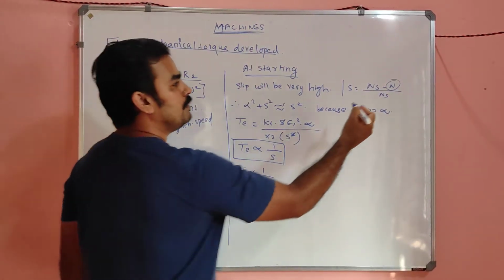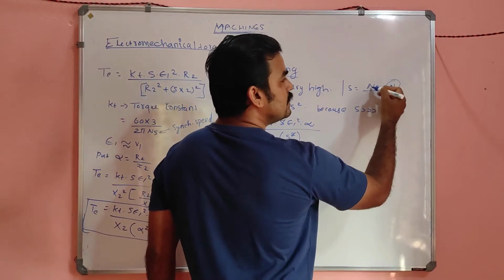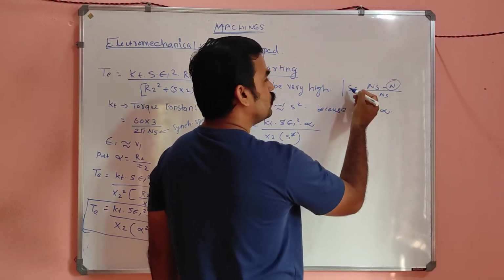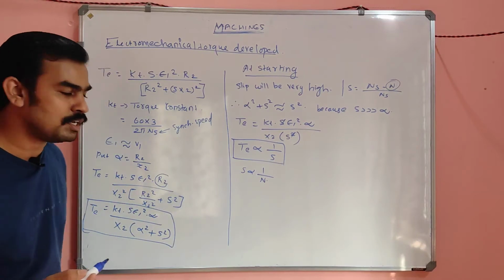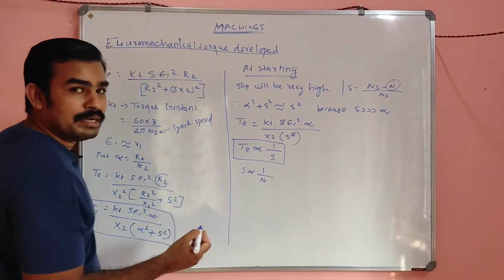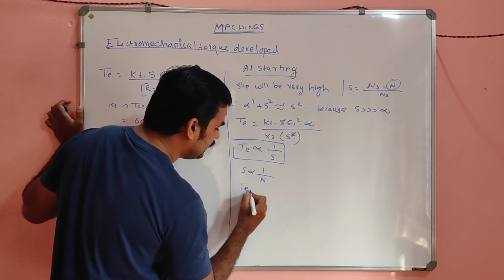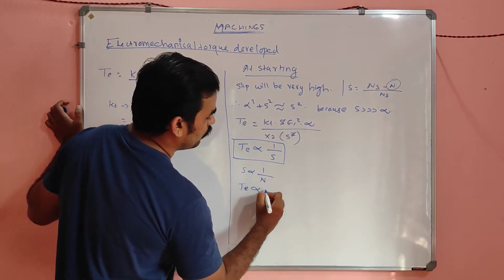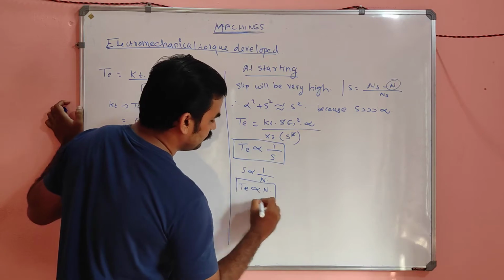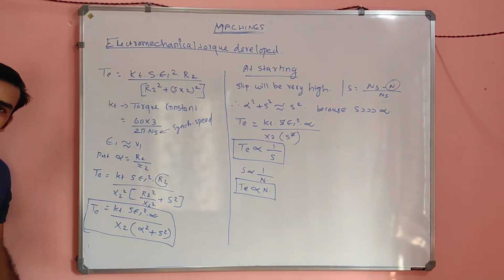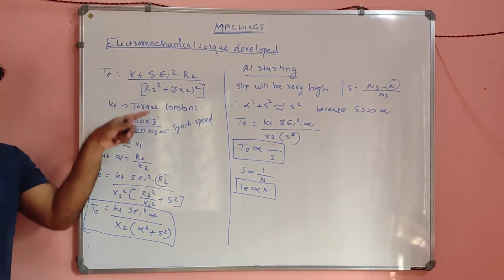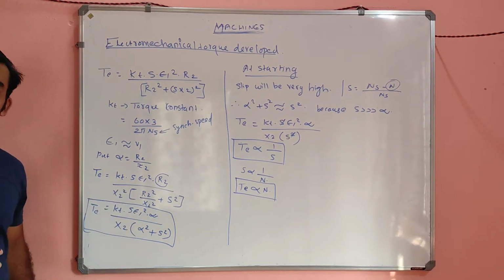Whenever we increase n, ns minus n will be reduced. So s and n are inversely proportional quantities. So I can write T proportional to n. So at the starting, T is proportional to 1 by s, or T is proportional to n.